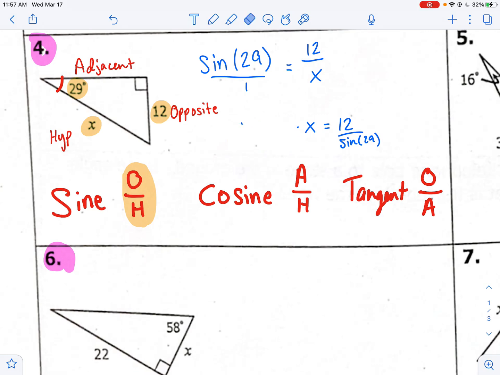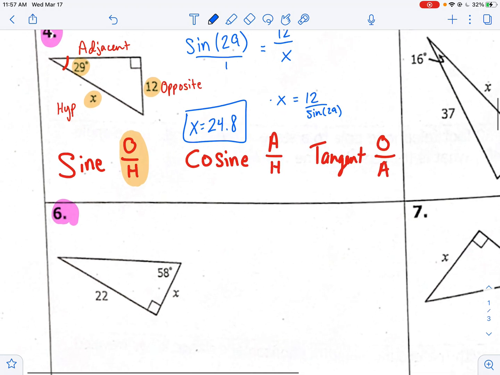So x equals 12 divided by sine of 29. Make sure you're in degree mode on your calculator. You should get a final answer of x equals 24.752, or 24.8.